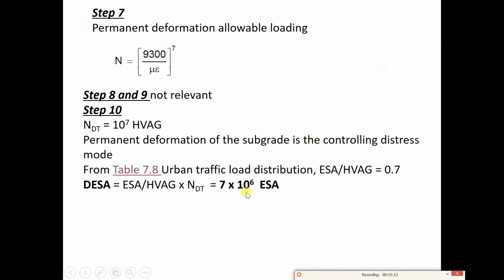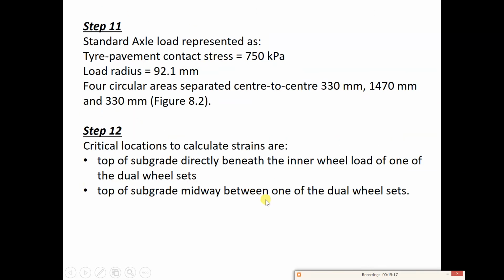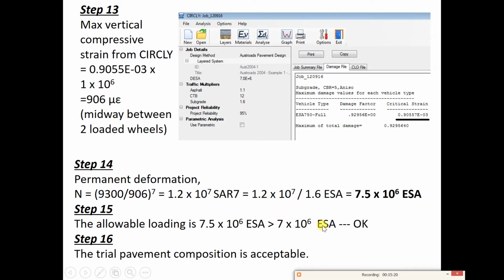The allowable is greater than the design, so it's okay. So the trial pavement composition is acceptable. This is for the first case, the chip seal pavement with the granular aggregates.